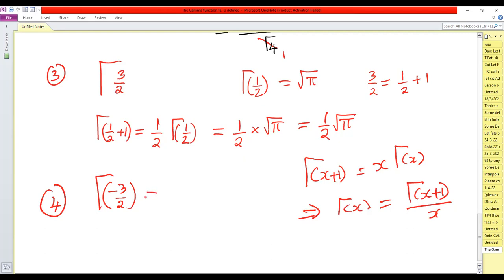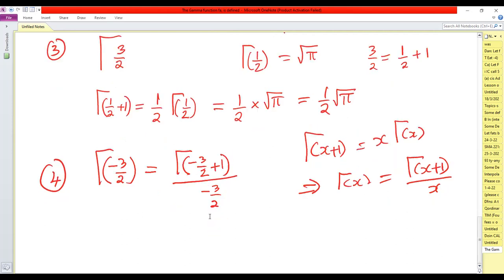Making use of this property with x equals negative 3 over 2, this will be gamma of negative 3 over 2 plus 1, divided by negative 3 over 2. And negative 3 over 2 plus 1 is minus a half.